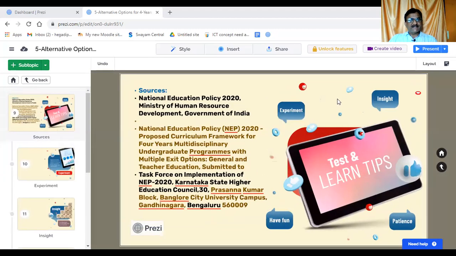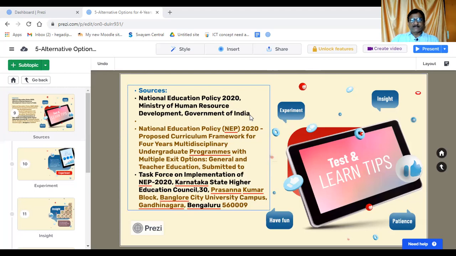At the beginning, I am very grateful to the drafting committees and other committees for the implementation of National Education Policy 2020 and the curriculum framework. At the outset, I am thankful to the Ministry of Human Resource Development, Government of India.